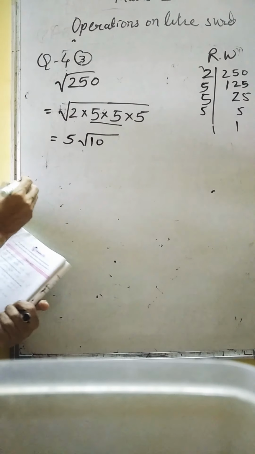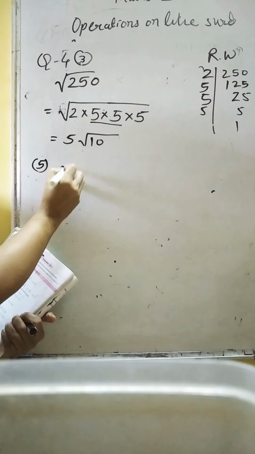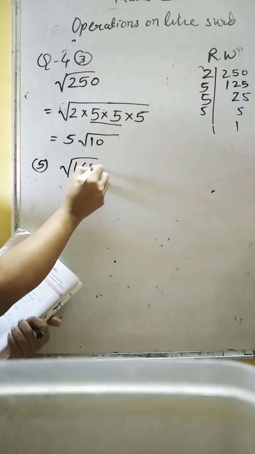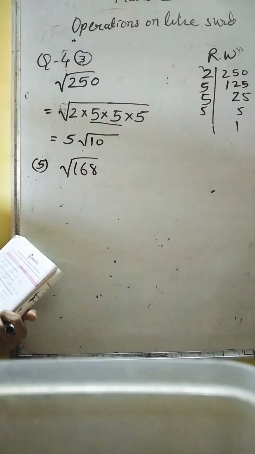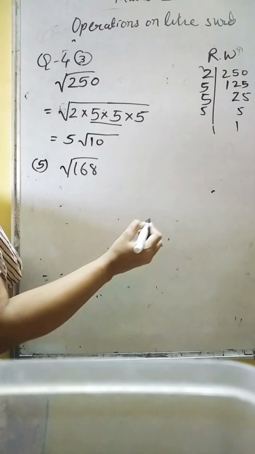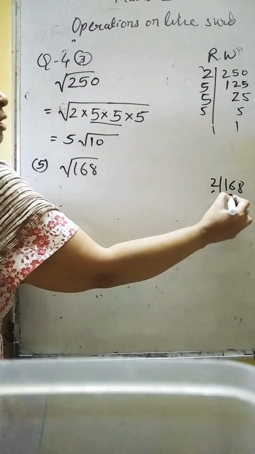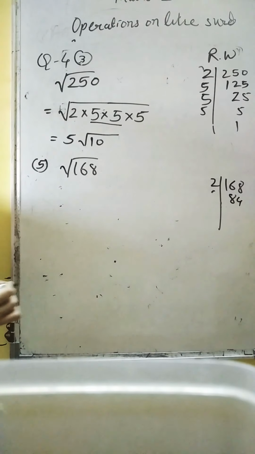Let me take the 5th sum and then the remaining 3 will be the homework. Square root of 168. Now square root of 168, what am I going to do? Factorize 168. Divide by 2, 84. Right?